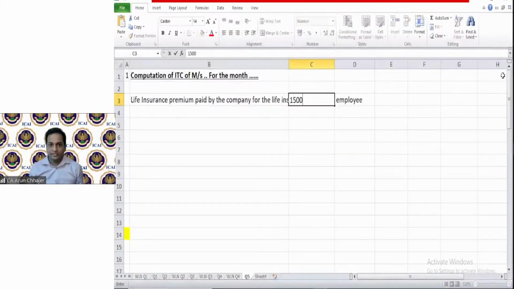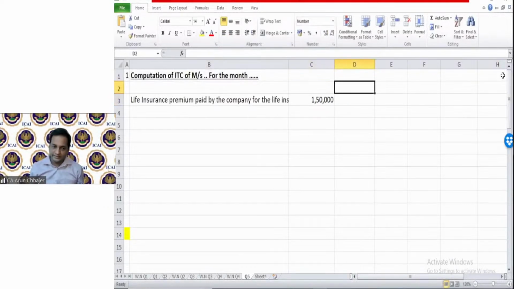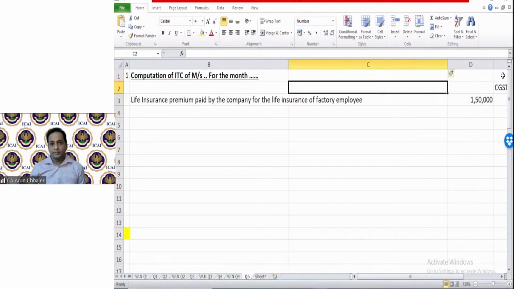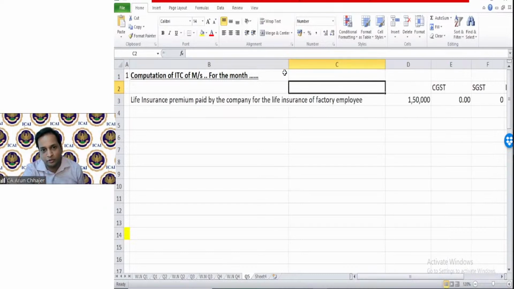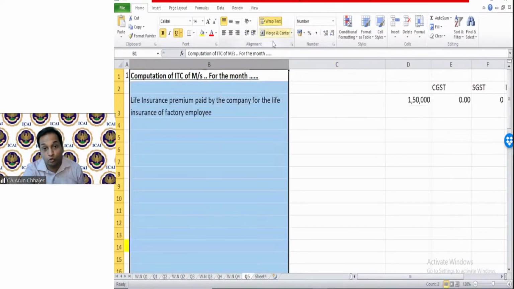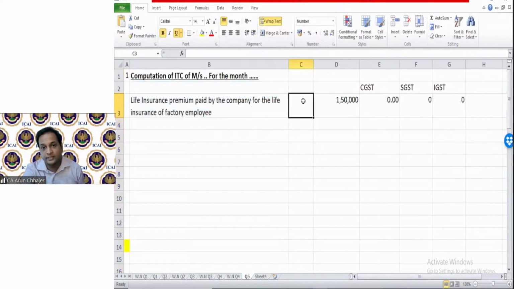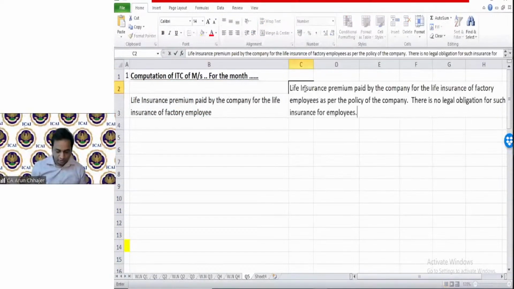So 1,50,000. Can you take the ITC? Answer is no. So I think now there is no requirement to write the note as well. I will discuss it only because we have done practice on four big questions regarding the working note.